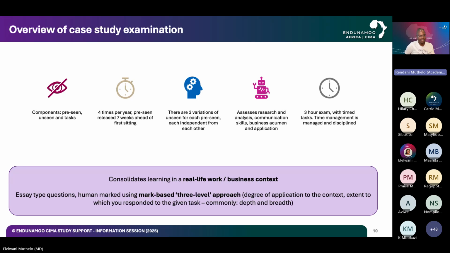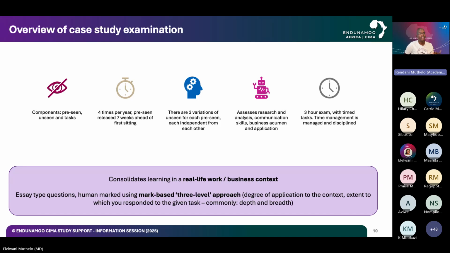A pre-seen says that we want to give everyone a fair chance. We want everyone to really demonstrate business acumen by showing that they understand the company they work for. So we're going to give you the overview of the case study and some of the issues the company is facing in advance so that you can engage with them.